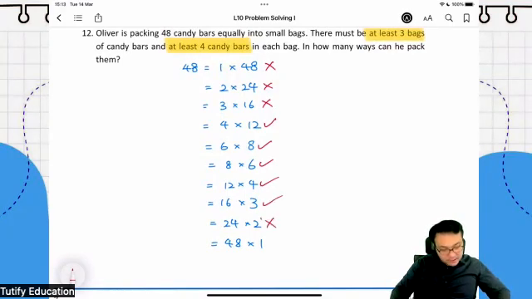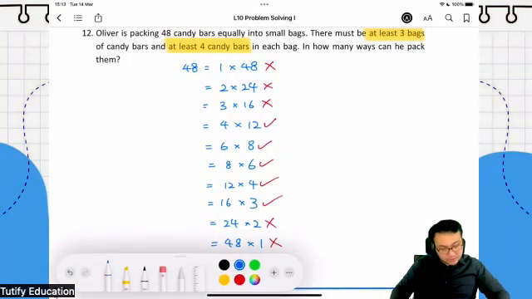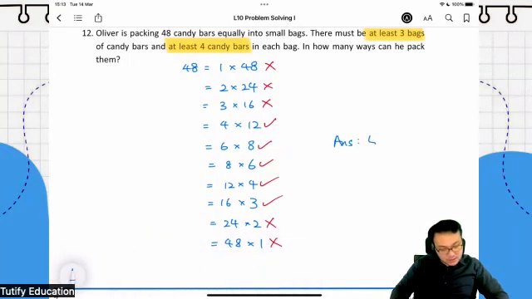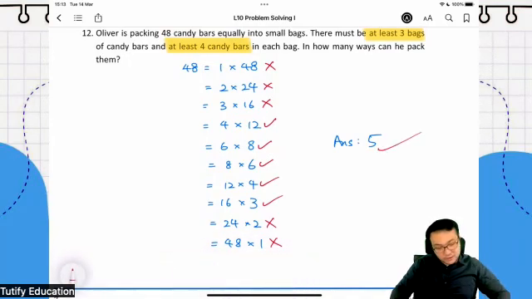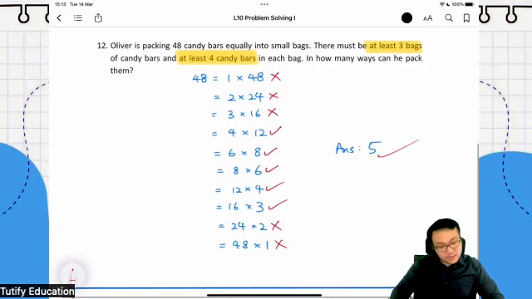This is not allowed because you only have 2 bags. You're not allowed to have 2 bags. You must have at least 3 bags. Understand? And you must have at least 3 bags. So the total number of ways to do this is 5. There you go. Any questions, students?